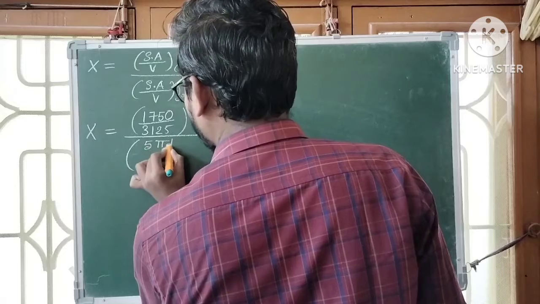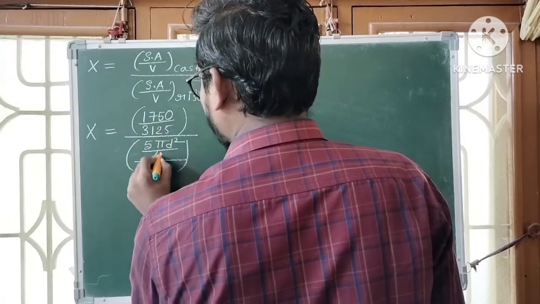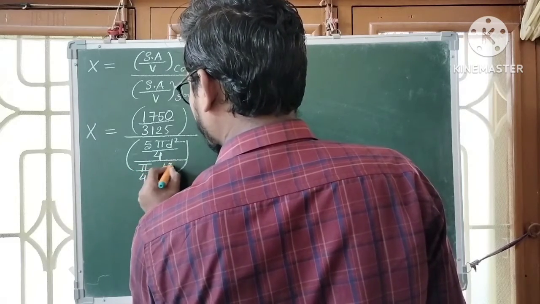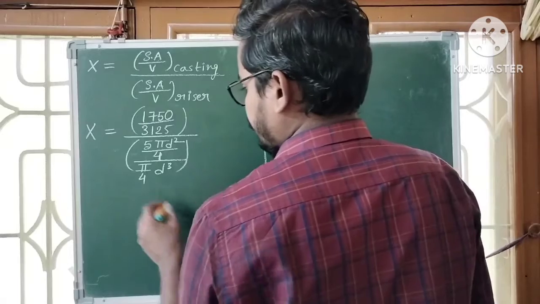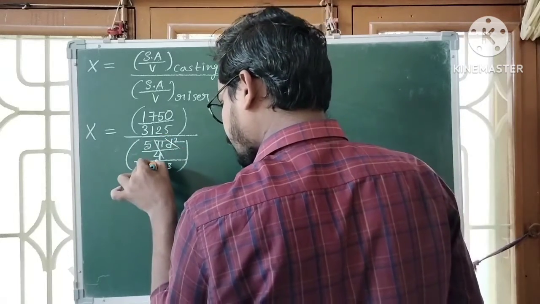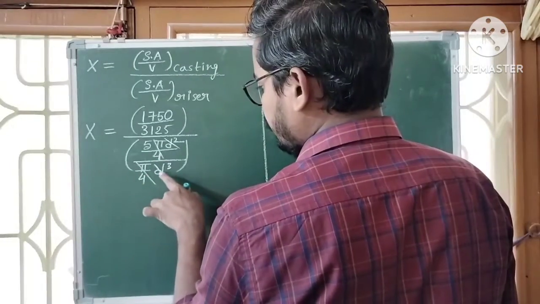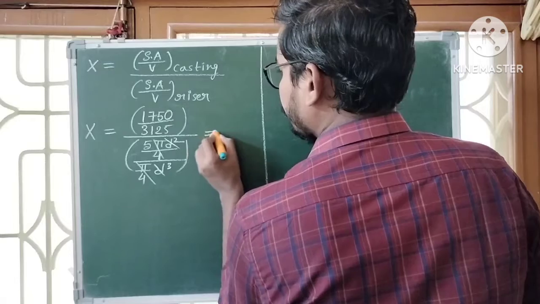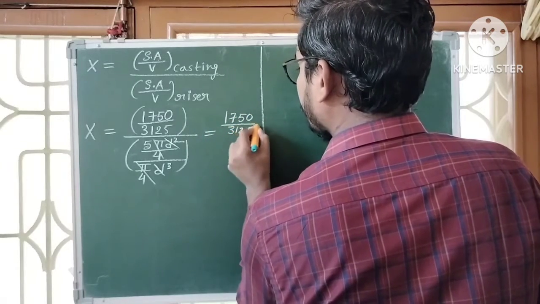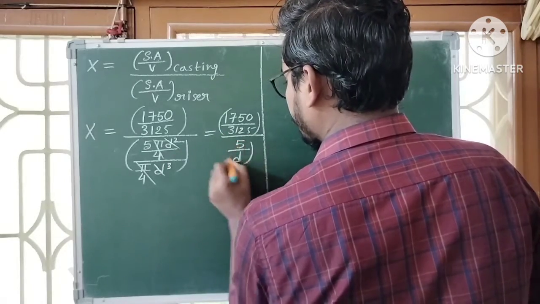Surface area of riser 5 pi d square by 4, by volume of riser pi by 4 into d cube. Okay? So pi by 4 gets cancelled, d square and d square get cancelled, still we have 1 d here. So 1750 by 3125 by 5 by d.